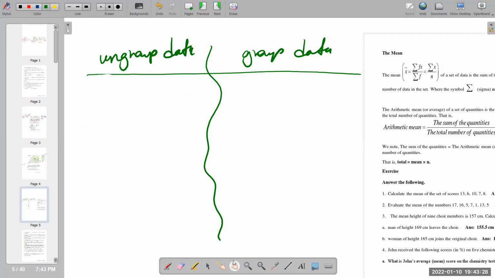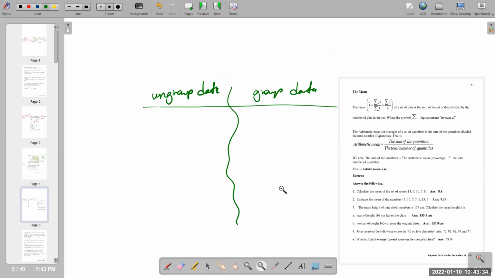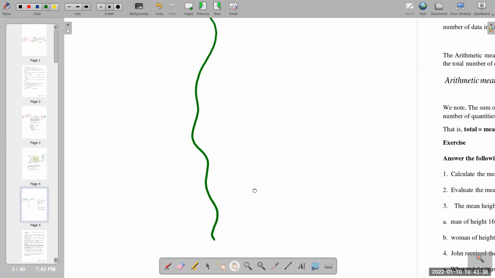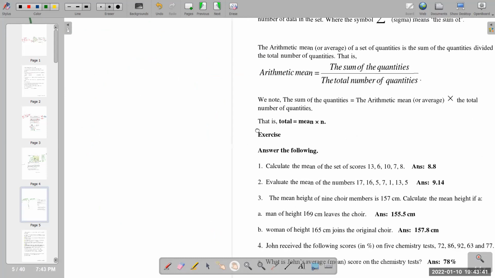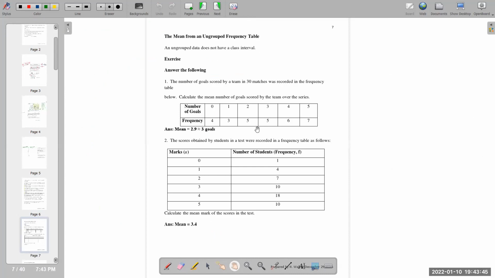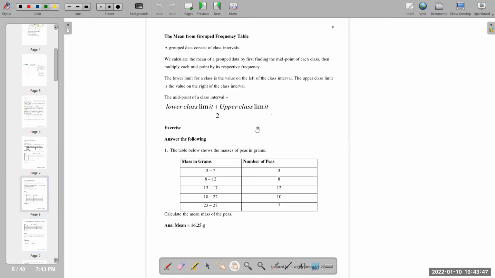Another example. Okay, perfect. Let me see if I have any in this document already. I think there is actually. I think that's the only thing I don't like about this, that they didn't put it in a better arrangement. Okay, perfect.